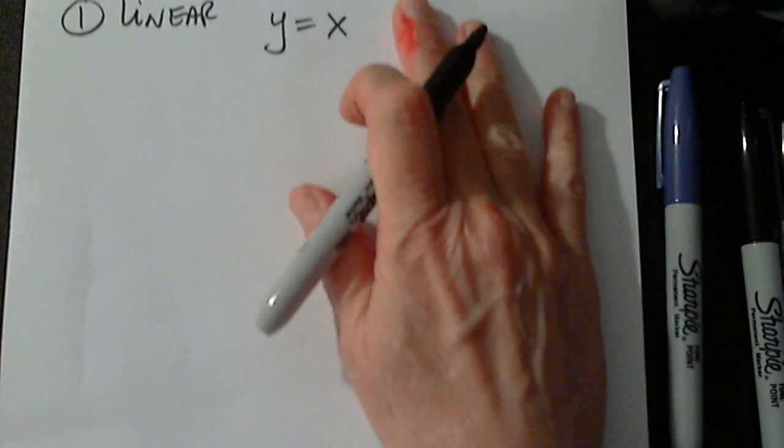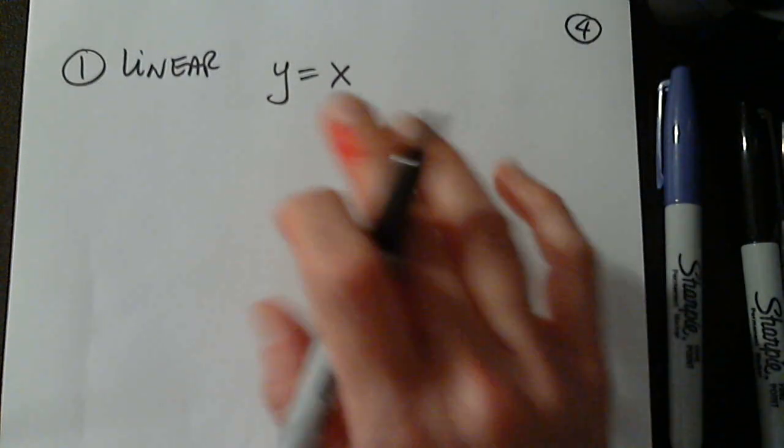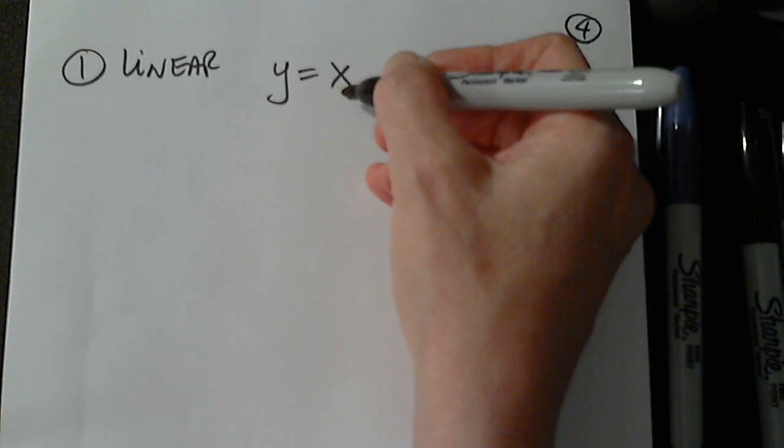So the simplest functions from all categories. Which page am I on? I'm on page 4. Okay. So, first category, linear. The simplest one is y equals x, of course. Not y equals x plus 1 or x over 2 or x minus 3. No. This is, under the category of linear functions, this is the easiest.